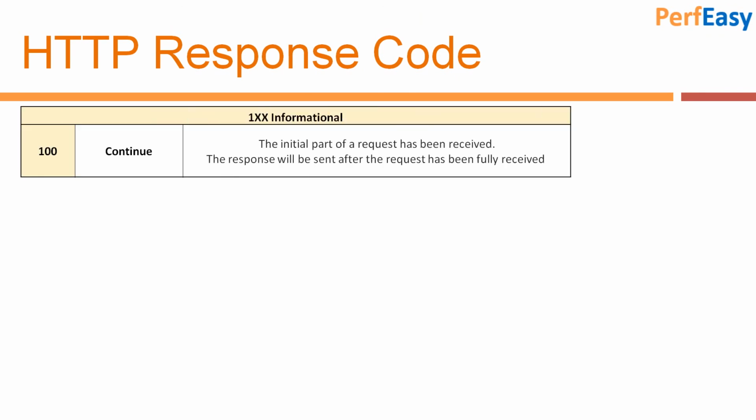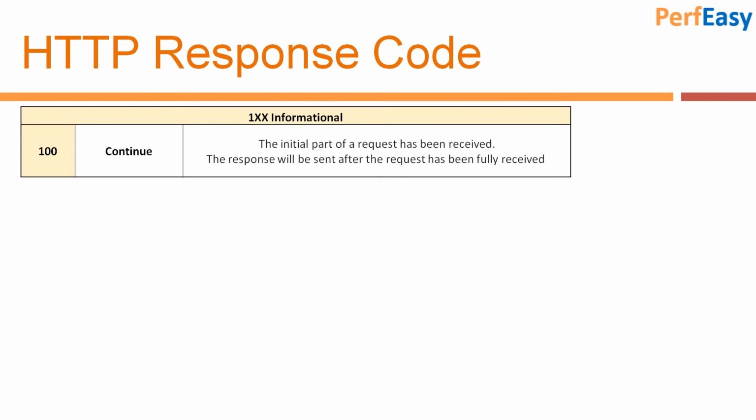First is the 100 series that I called informational. One example is 100 Continue. This is the status code and this is the status message. The response would come as 100 Continue. If that kind of response code appears, that means the server has received the initial part of the request and it is okay, and the server will respond once it receives the complete request.